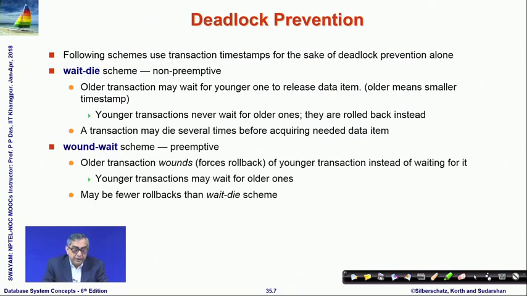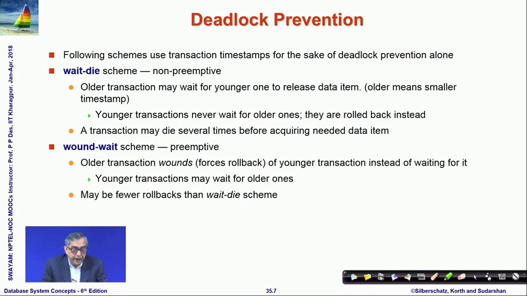The other is a preemptive scheme, which is called the wound-wait scheme, where the older transaction forces a rollback of the younger transaction instead of waiting for it. That is why this is preemptive. The older transaction is preempting the younger transaction and forces it to abort, but the younger transaction may wait for the older one.